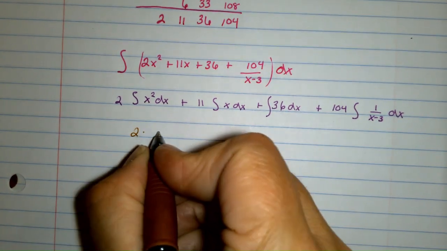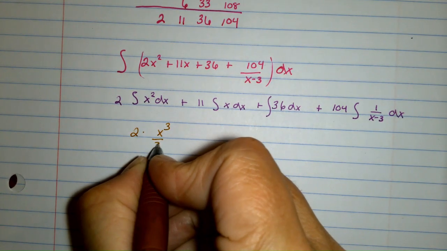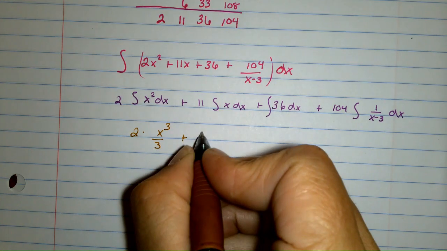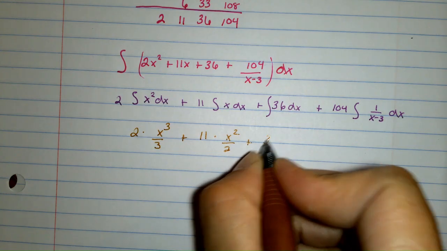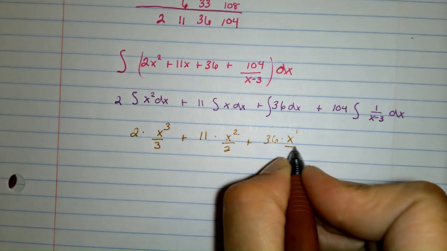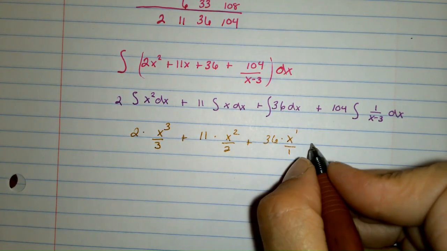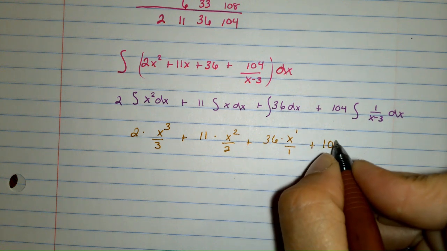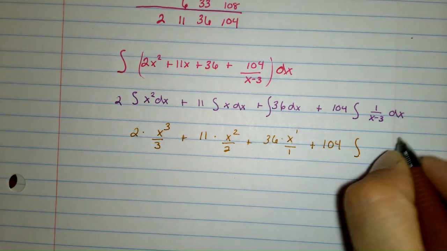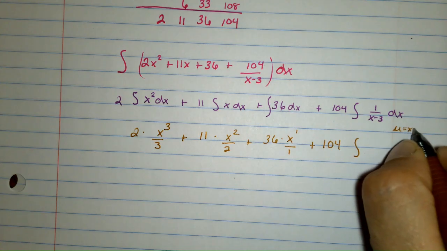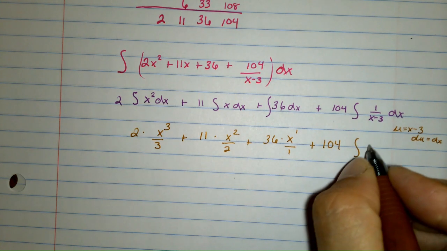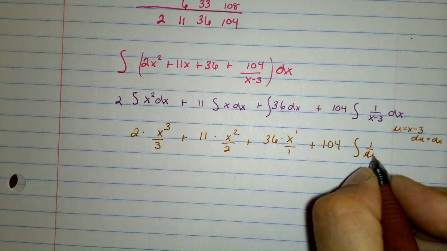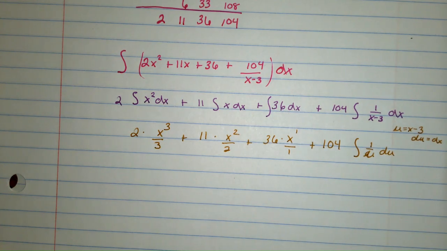So 2 times x to the third over 3 plus 11 times x to the second over 2 plus 36 times x to the first, technically over 1, plus 104 integral, I'm going to let u equal x minus 3, therefore du will equal dx, 1 over u du.